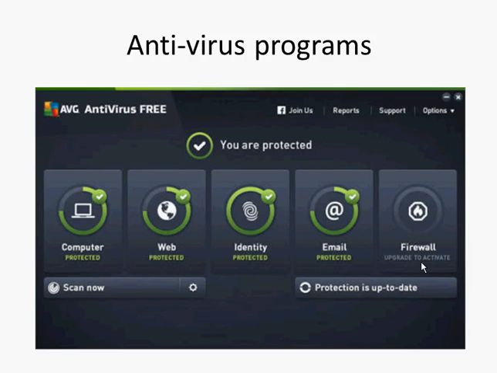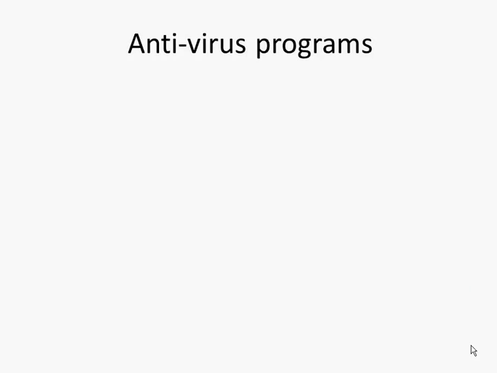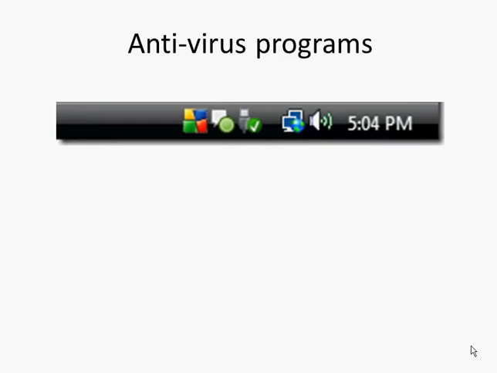A firewall is similar to an antivirus program, but certainly is specific to internet activity and the type of files you can download, the size of files that you can download, the sort of websites that you can go to. What an antivirus program does once installed is probably just sit on your taskbar at the bottom of the screen monitoring activity on your computer.